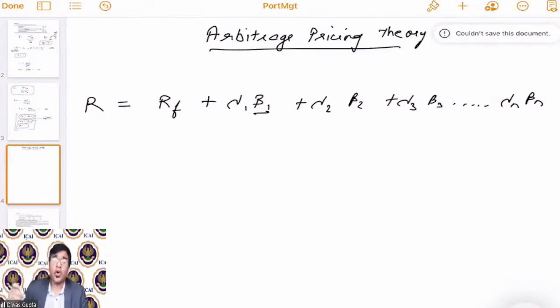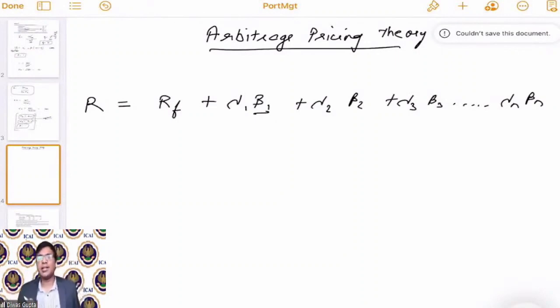Correct? Because the beta that we have studied till now in CAPM is the sensitivity of returns of a security in relation to that of a market return. But this beta in arbitrage pricing theory is in relation to that factor. Now, what is that factor? It can be market premium. It can be inflation. It can be the GDP data. It can be anything.